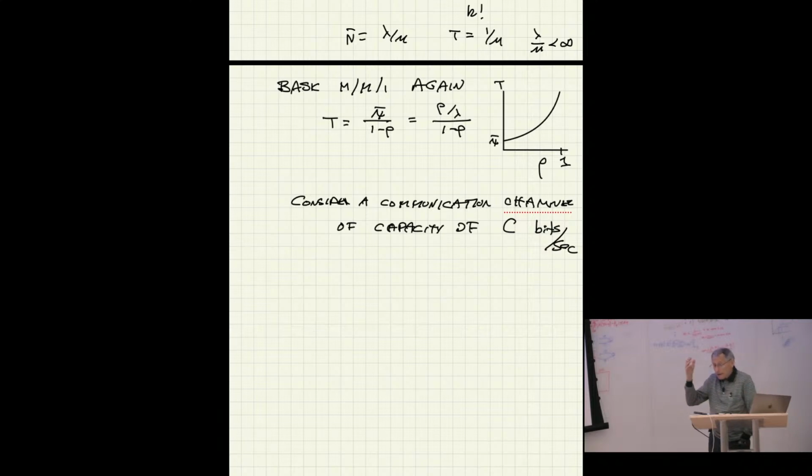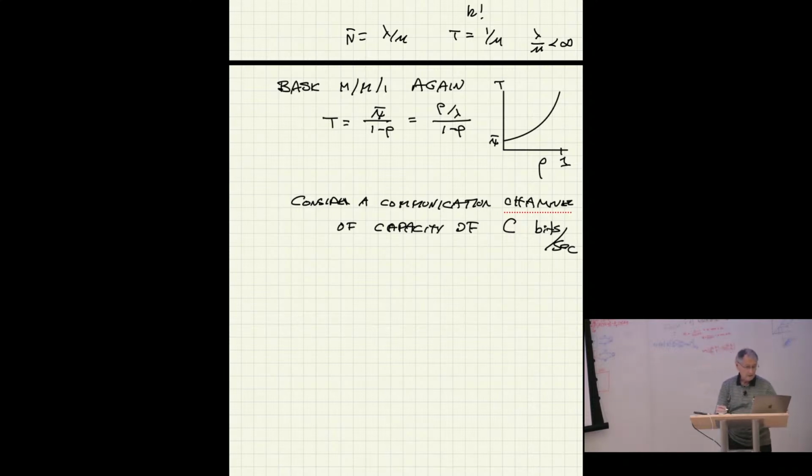A gigabit, a megabit, a kilobit, whatever. C bits per second. And what's getting served in a network? What flows through a network? Data. And how do you represent the data? Either in packets or blocks. What is it that's moving? It's bits. Bits come in, it says, ship me through the system.